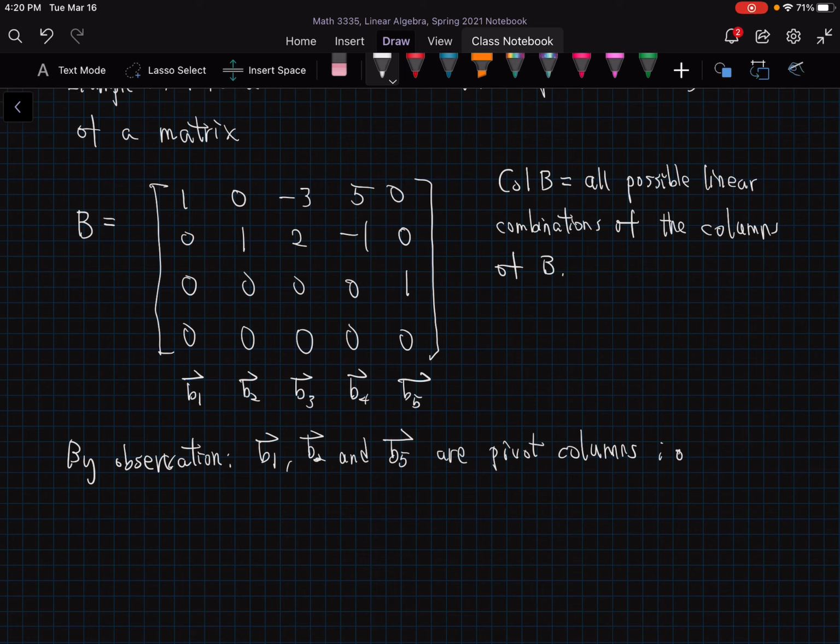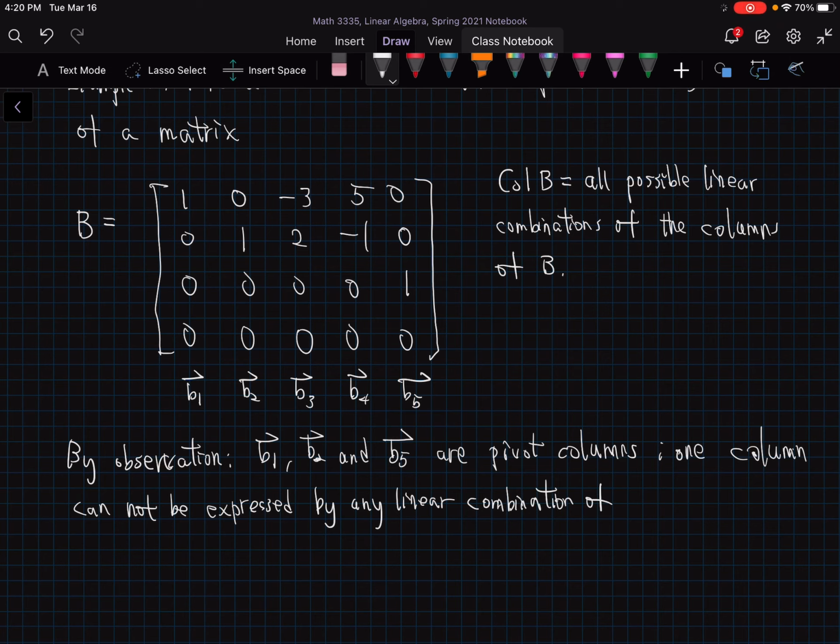So one column cannot be expressed by any linear combination of the other two columns.